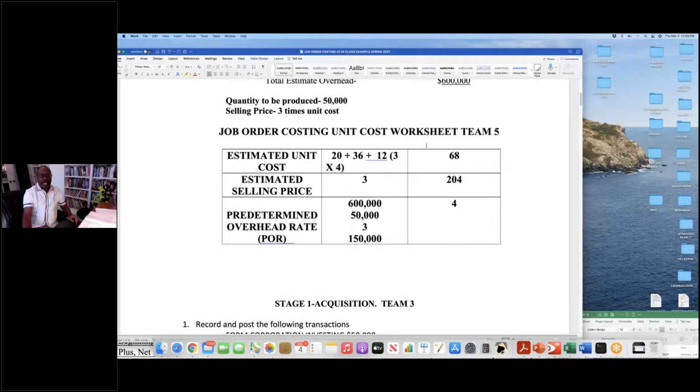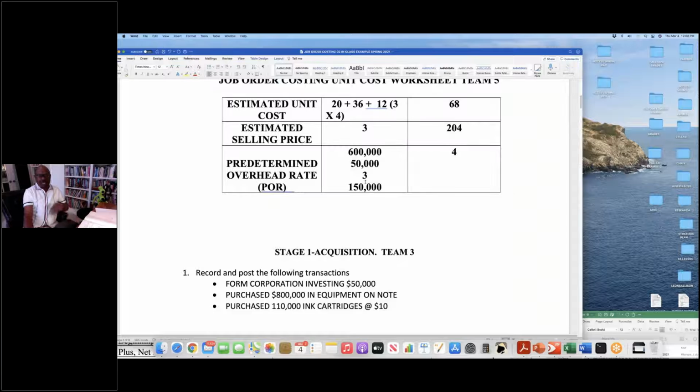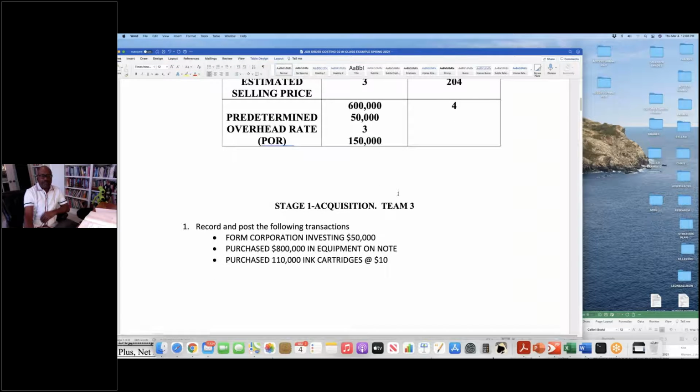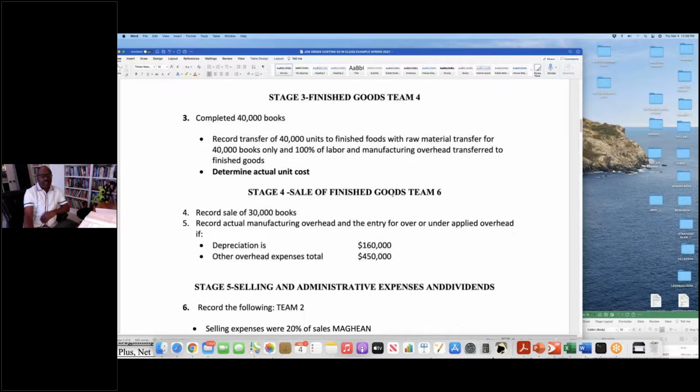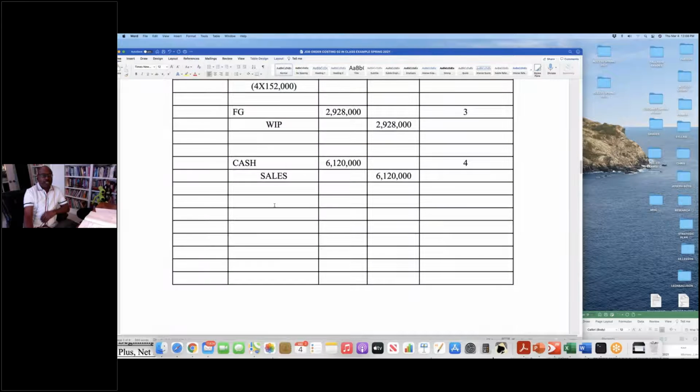Notice what's happening: you determine your selling price, and once you post your selling price, you're stuck with that selling price. So it's 204 times the number sold, which is 30,000. Yes. Okay.